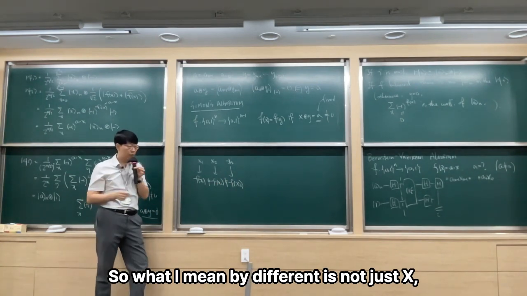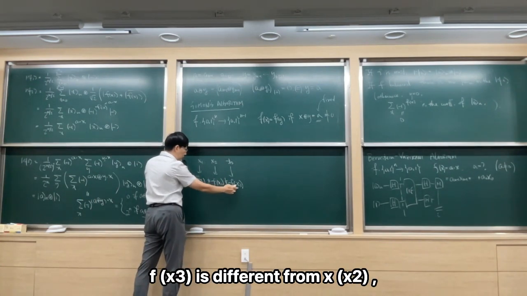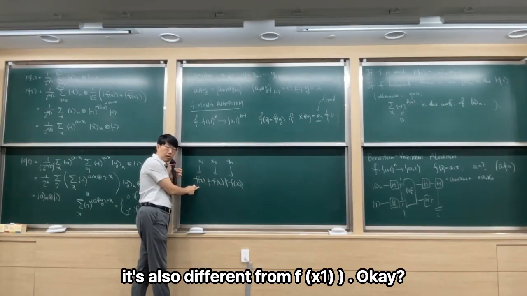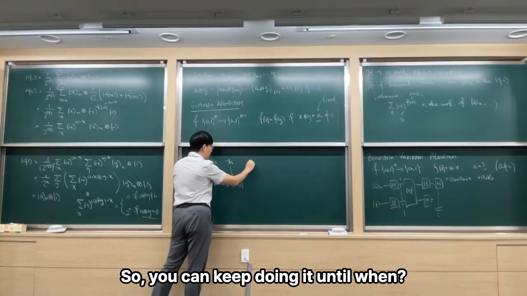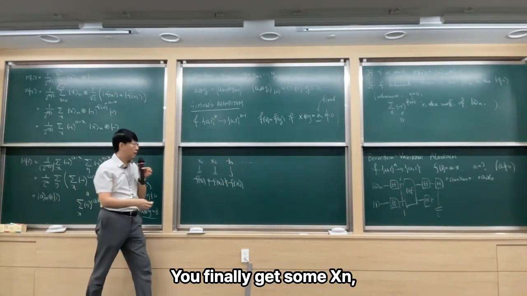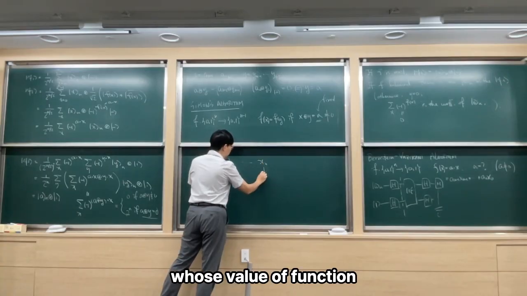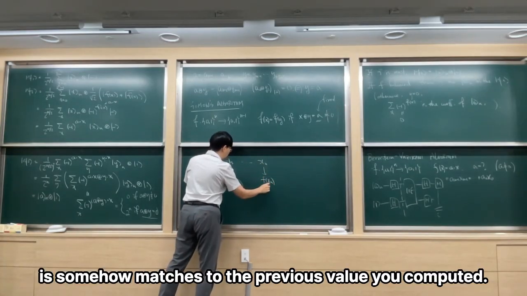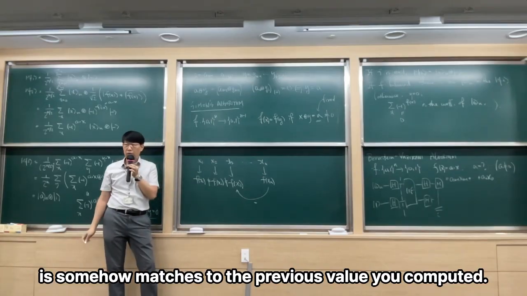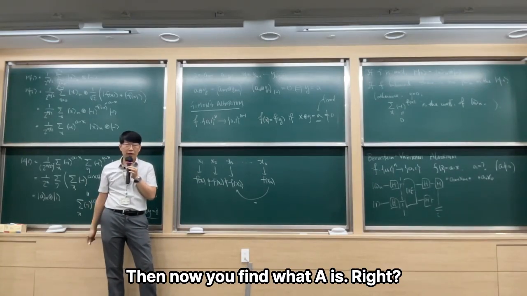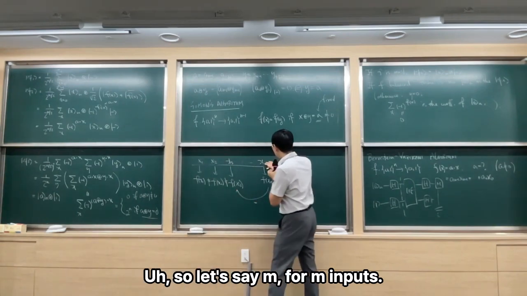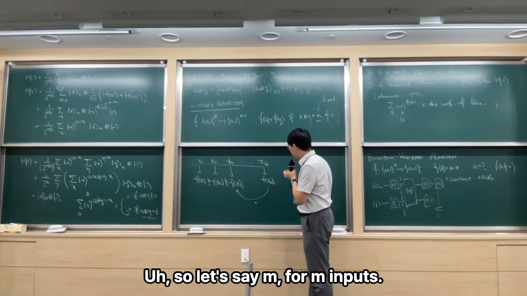What I mean by different is not just that f(x3) is different from f(x2), it's also different from f(x1). You can keep doing this until you finally get some xn whose function value matches a previous value you computed. Then you find what a is, right? So suppose you've done this for m inputs.